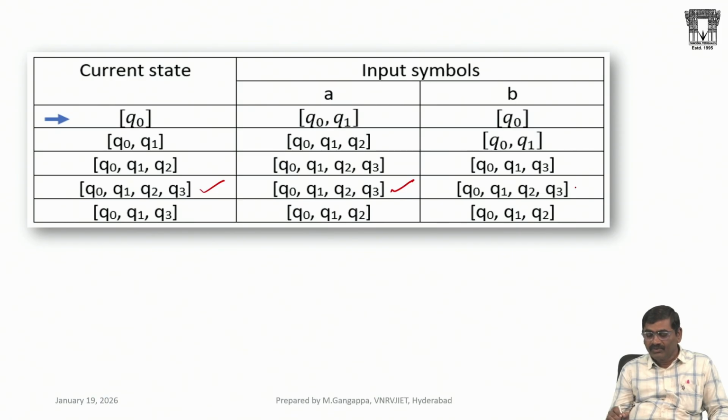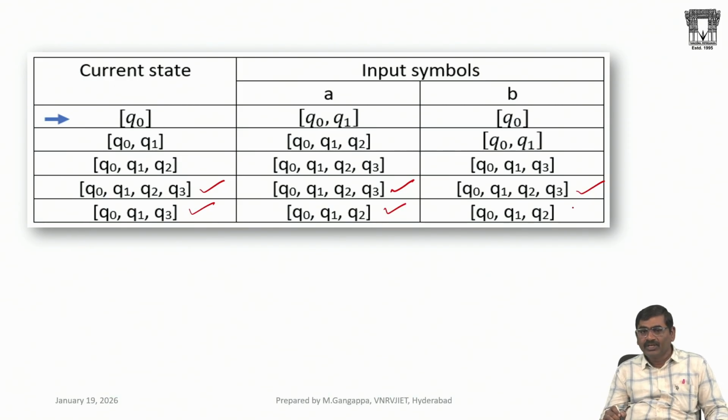On input B, we have got the next state Q0, Q1, Q2, Q3. So this entry has been made here. Similarly, next new state is Q0, Q1, Q3. For this, the transition with input A is obtained as Q0, Q1, Q2. Next one is Q0, Q1, Q2. Now these are the states generated here.